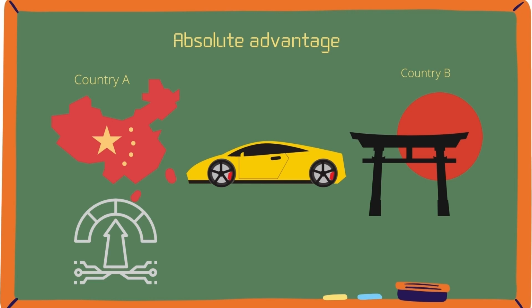In a hypothetical two-country world, if country A produced a good cheaper or faster or both than country B, then country A had the advantage and could focus on specializing in producing that good. Similarly, if country B was better at producing another good, it could focus on specialization as well.